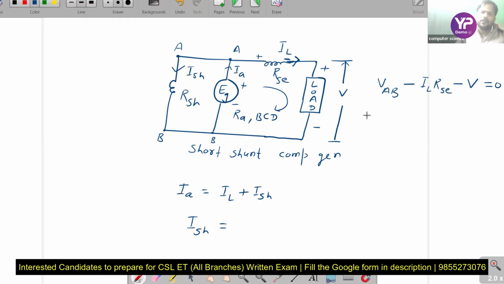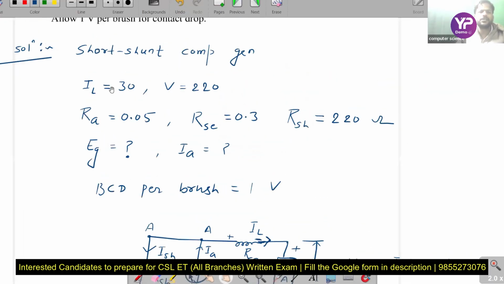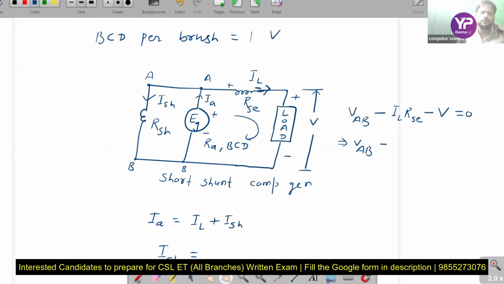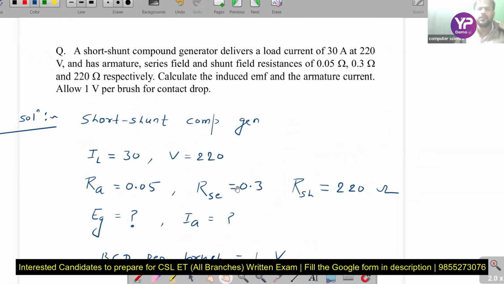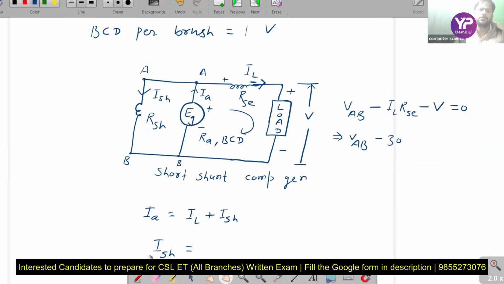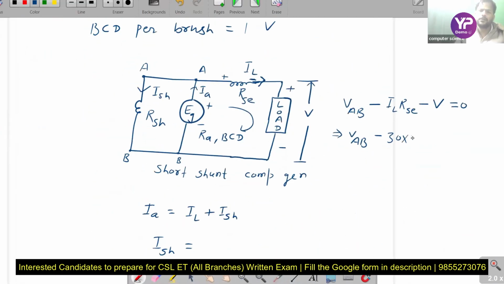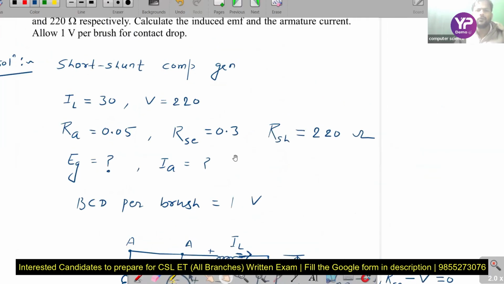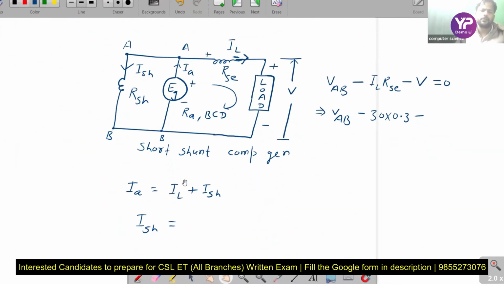Here VAB minus IL, in this question IL is 30 ampere, and RSE is the series field resistance, which is 0.3, and the voltage across the load is equal to 220.